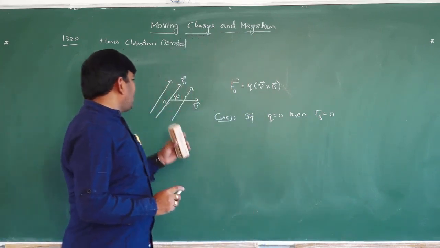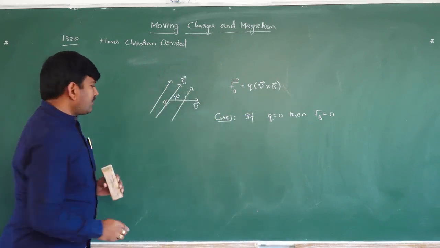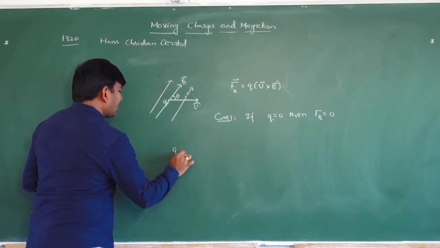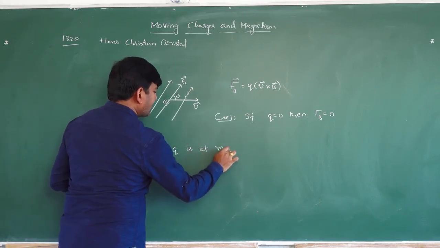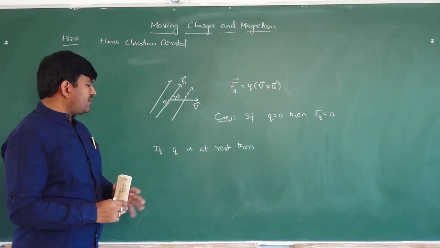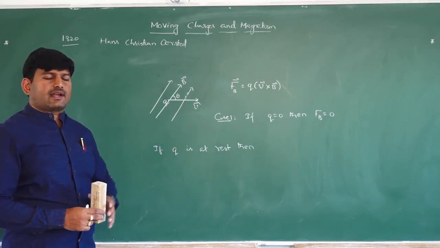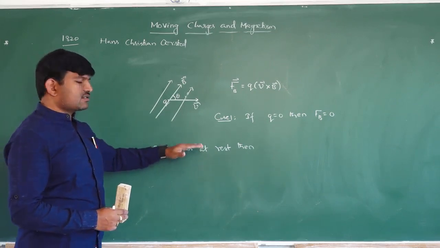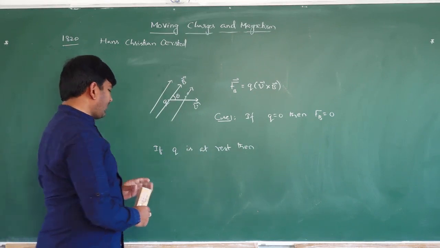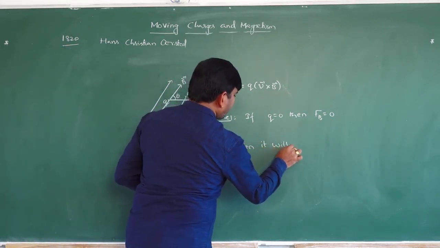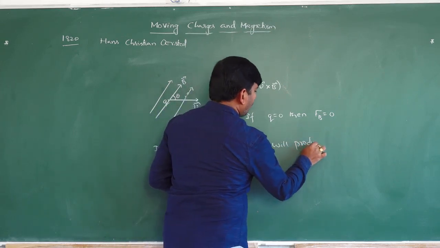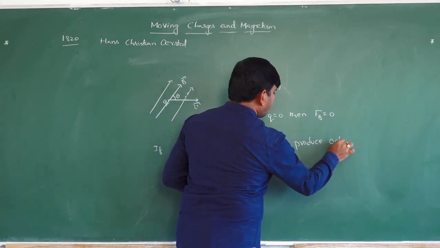Here, if a charge Q is at rest, it has the ability to produce only an electric field. A charge at rest will produce only an electric field.